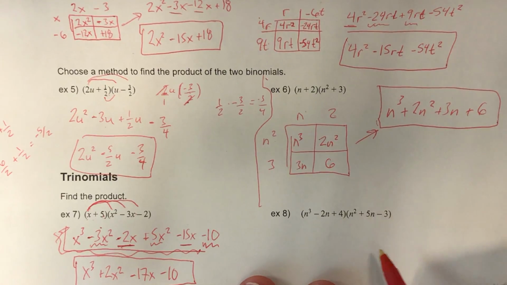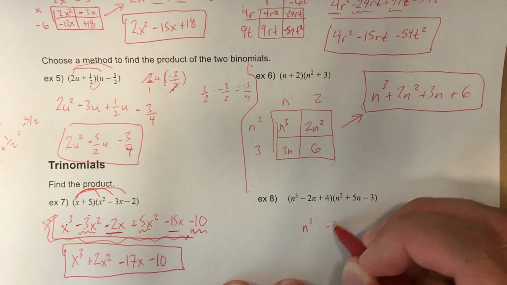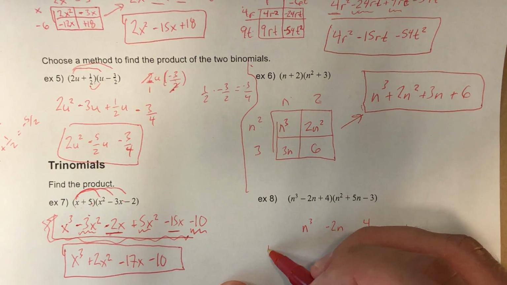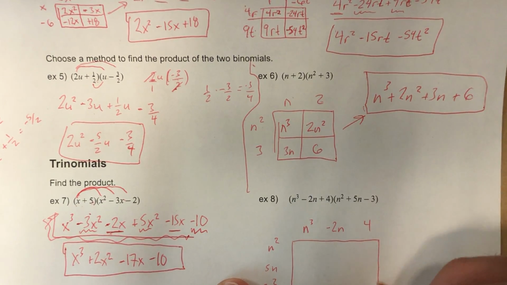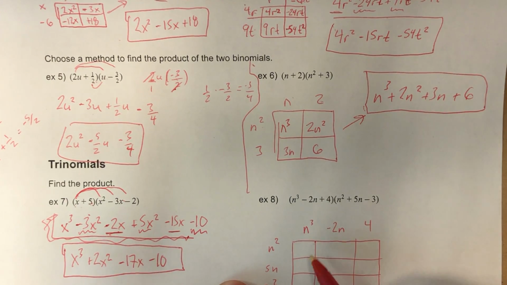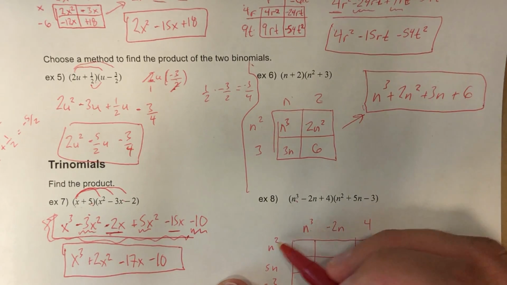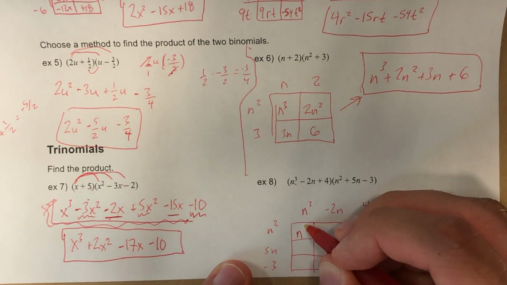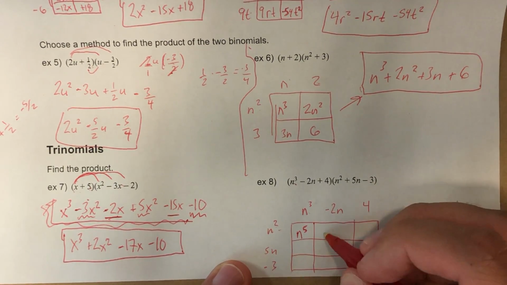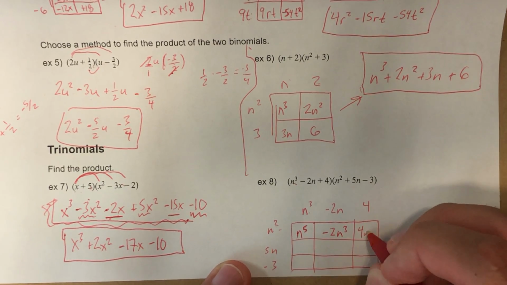So this one we have a 3 by 3. So to use the table method, we'll have n cubed, negative 2n and 4, and then we'll have n squared, 5n, and negative 3. So we need a 3 by 3 table. Same idea though, we're multiplying everything from the first by everything from the second. So n cubed times n squared, remember, multiplying variables, add the exponents, so that's n to the fifth. n squared times negative 2n is negative 2n to the third. 4 times n squared is 4n squared.